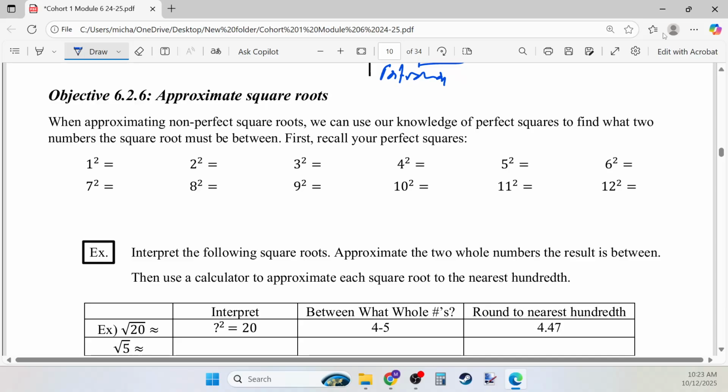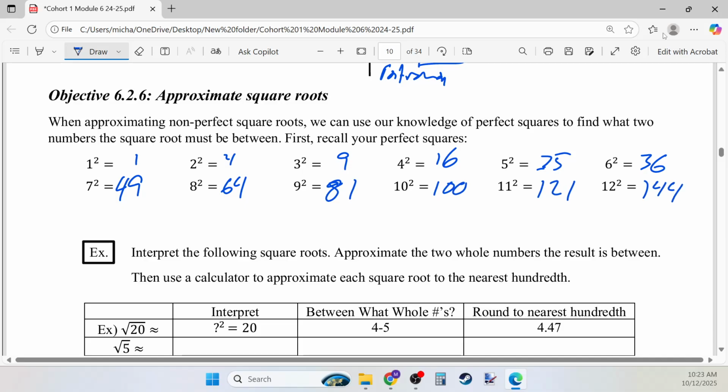This is a technique for approximating square roots. If I know all of my squares from the square of 1 to the square of 10, and they go a little further, I can approximate roots. 1, 4, 9, 16, 25, 36, 49, 64, 81, 100, 121, 144.